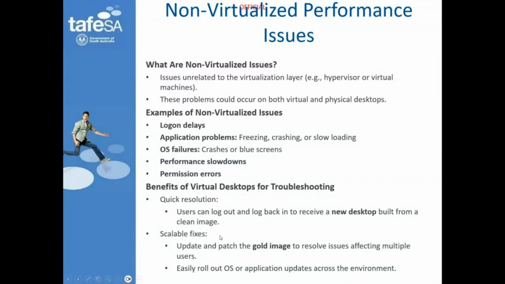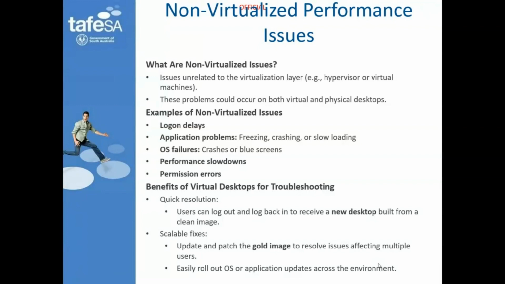Okay. Scalable fixes, so updating. So basically, if you know it's a common desktop issue, then if I update the golden image or patch the golden image to fix the problem, then that means it's going to fix everyone's problem. But if you look at this physical classroom right now, there's 20 odd desktops, and if there's a common problem, what does that mean? That means I might have to go to each one of the desktops and apply the fix.